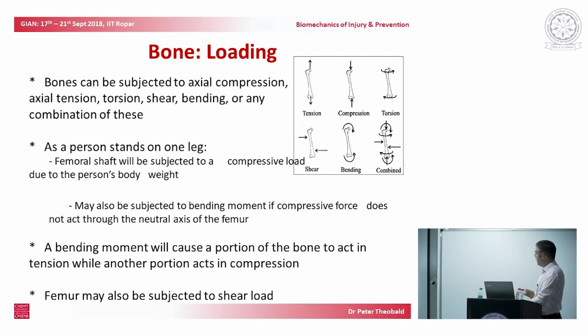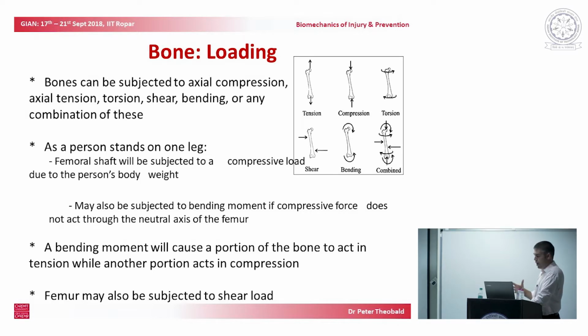It's hard to imagine an example where there's purely tension. Unless you're hanging upside down, or maybe in your arms when you're hanging from some playground equipment or some kind of climbing activity, then there would be some kind of tension perhaps in the bones. Compression is more obvious as you walk or do most things. Indeed, torsion as well.